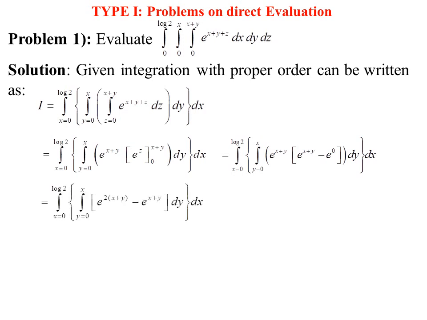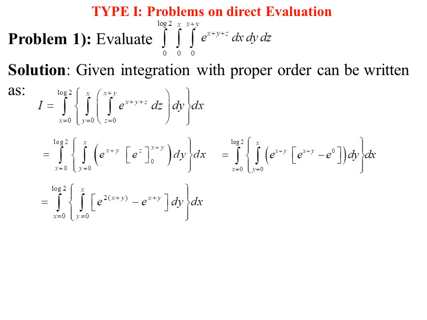Moving further, with the multiplication of e raised to power x plus y, we get this square bracket. Integration 0 to log 2, integration 0 to x. The square bracket now gives us e raised to power twice of x plus y minus e raised to power x plus y, into dy into dx.